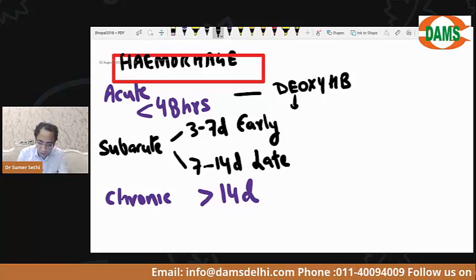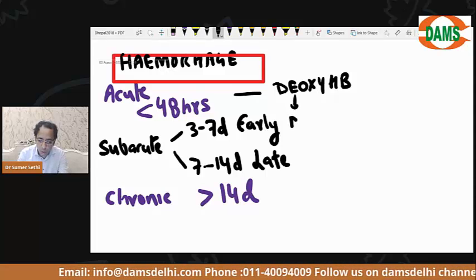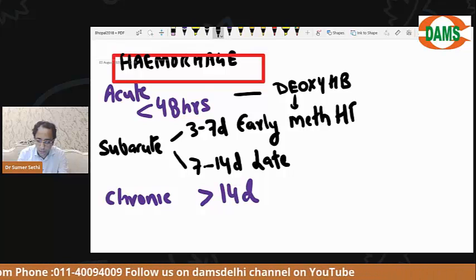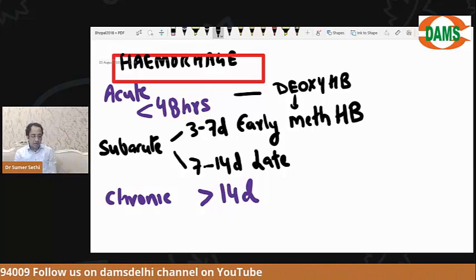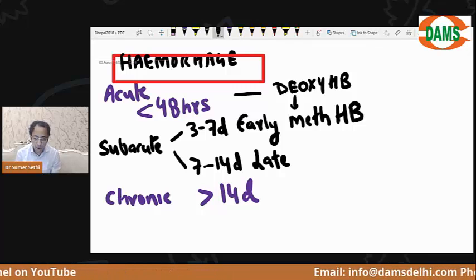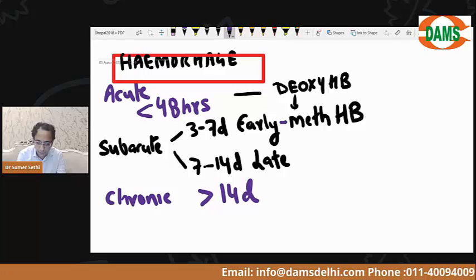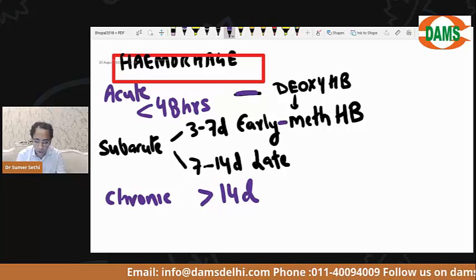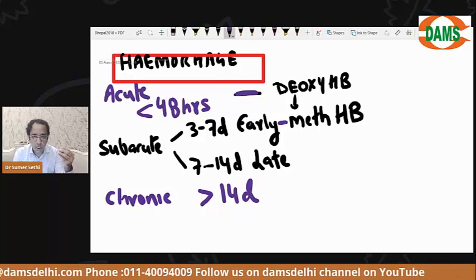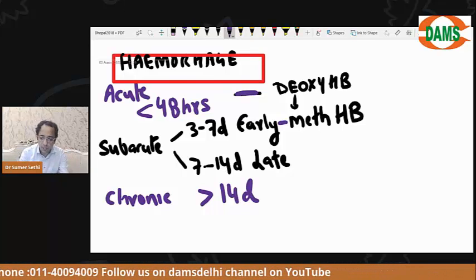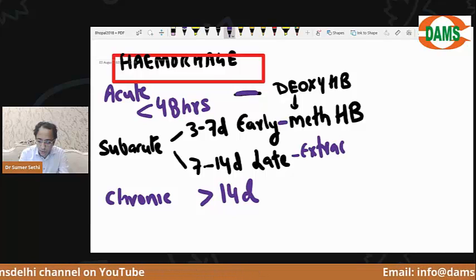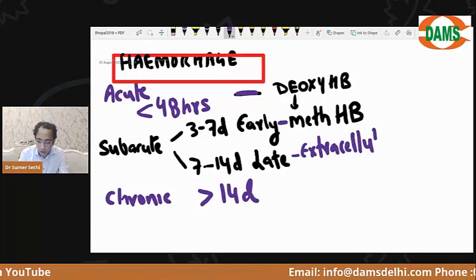After 48 hours, this deoxyhemoglobin converts into methemoglobin. After 7 days, the RBC membranes lyse, they get destroyed.